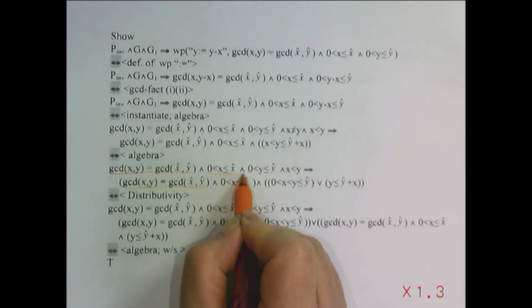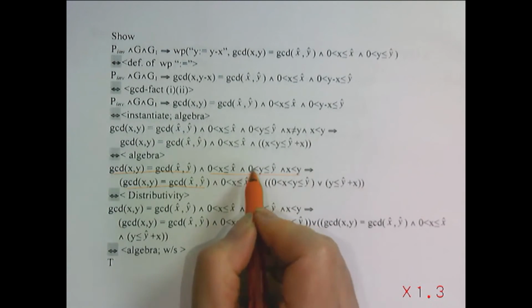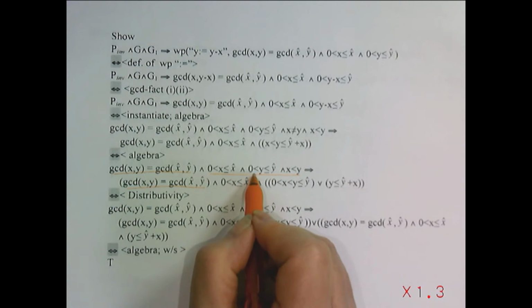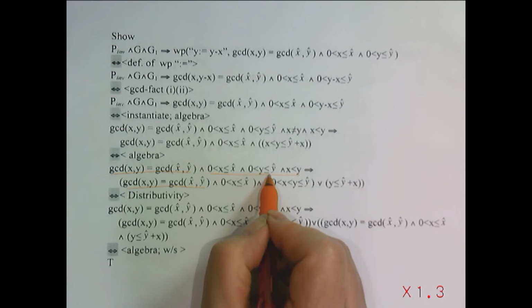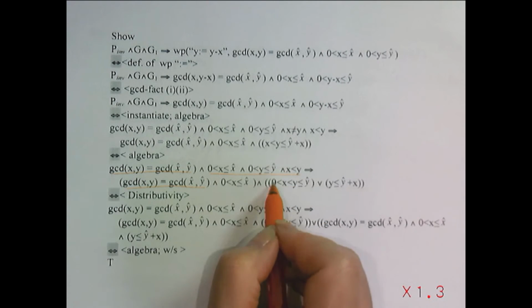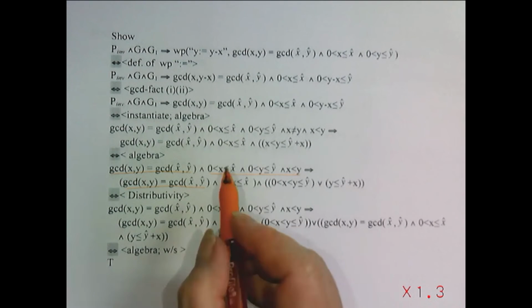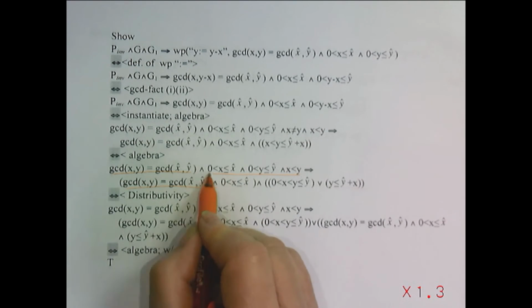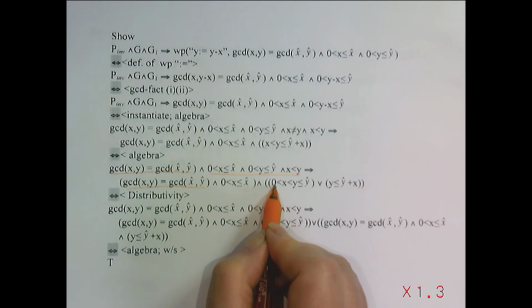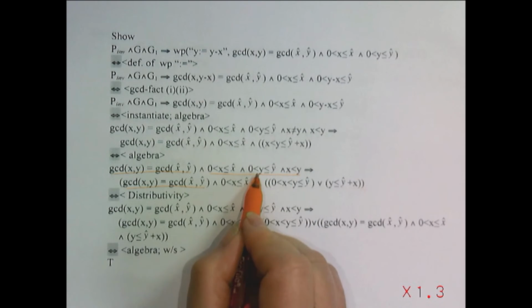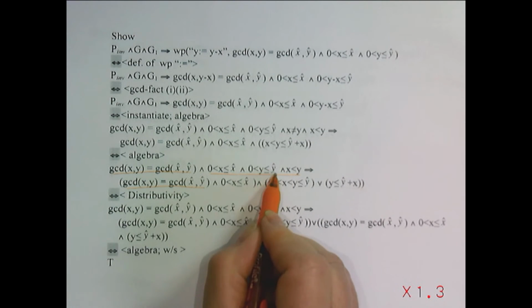As far as the intervals go, for the stronger side, it's 0 is less than x is less than or equal to x hat, and 0 is less than y is less than or equal to y hat, and x is less than y. Versus the other side, I have 0 is less than x is less than or equal to x hat, and 0 is less than x, which is less than y, which is less than y hat.